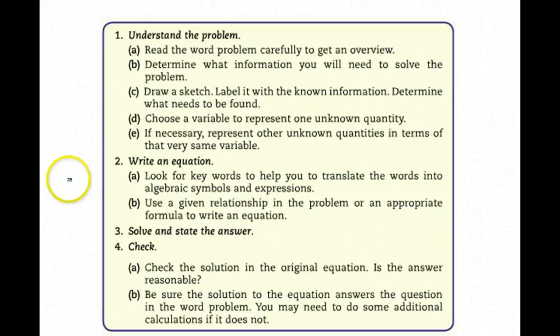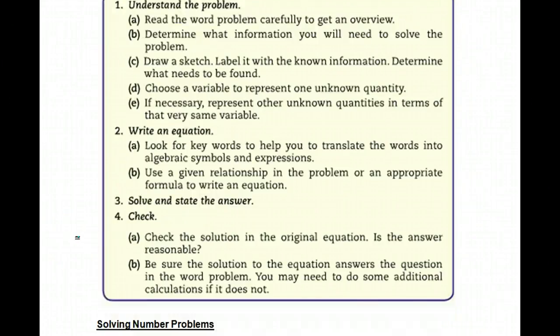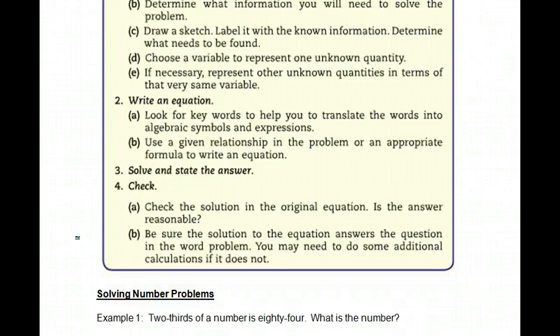Step 2 is write an equation. You're going to look for the key words to help you translate the words into algebraic symbols and equations. And we're going to use a given relationship in the problem or an appropriate formula to write an equation. Step 3 is to solve and state an answer. And step 4 is to check.